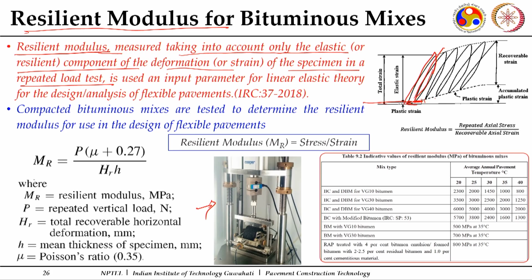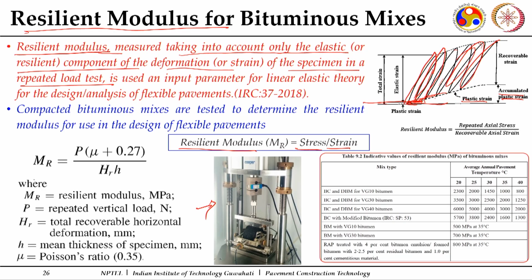Next loading cycle, again strain comes, and when removed, again it goes back, but in due course of time some amount of permanent strain, which we call plastic strain or accumulated strain, will be there, and some amount of recoverable strain is there. This recoverable strain is the one required to get your resilient modulus. So, resilient modulus is your stress divided by your resilient strain.